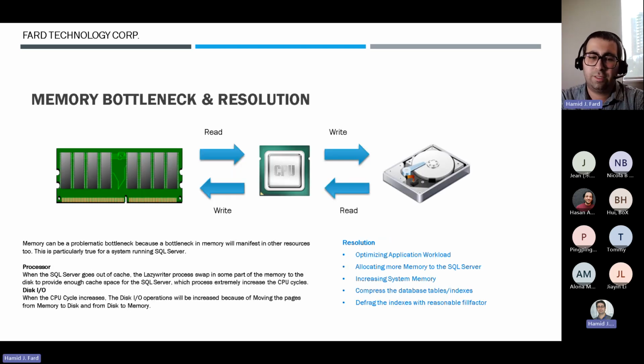When you have a memory bottleneck inside the server, usually it will cause CPU and disk bottlenecks. Why? Because the memory is not sufficient and the CPU needs to read and write from the disk. From there, you are engaging the CPU more, and the CPU is going to engage the disk IO more as well.